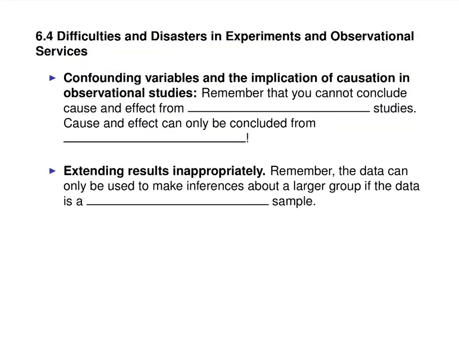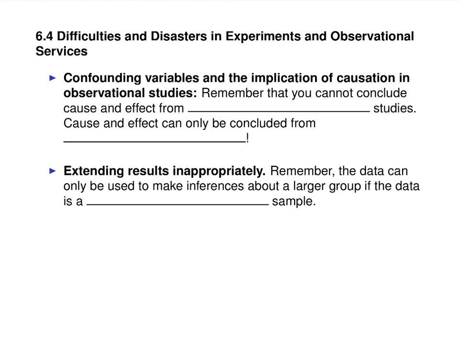Now, observational studies are often really, really hard to do well, and there are tons of examples of observational studies being done badly. If there's one thing I want to hammer home in this class, it's that you should take the results of observational studies with a grain of salt, because there's often so much going on. One problem is confounding variables and the implication of causation in these studies.